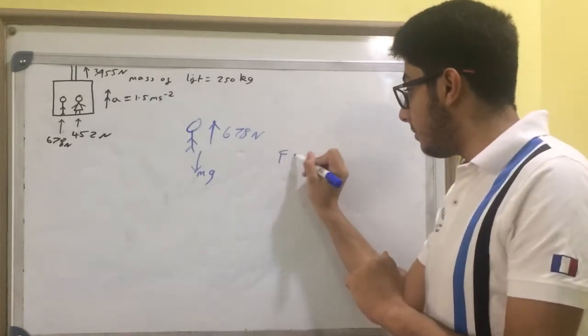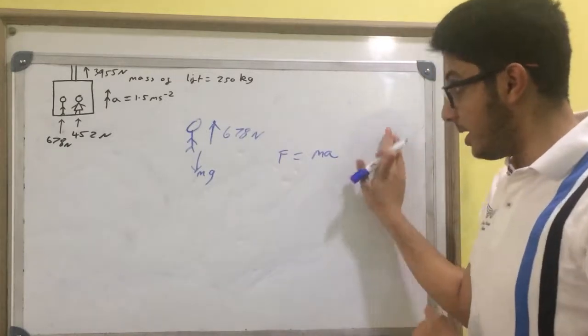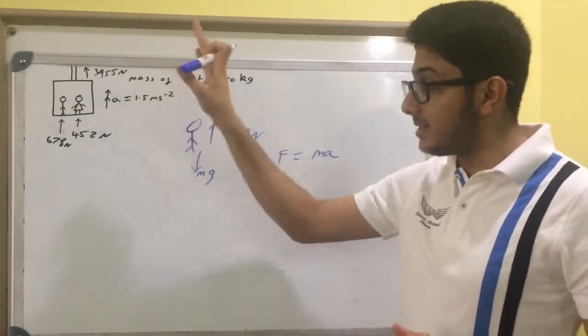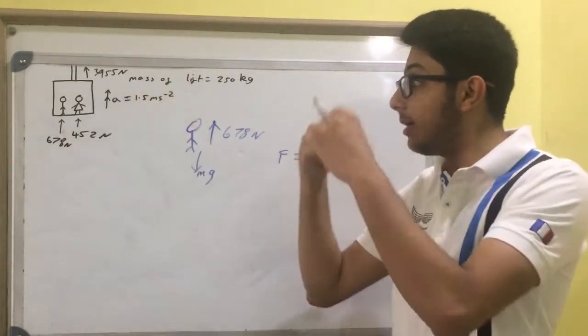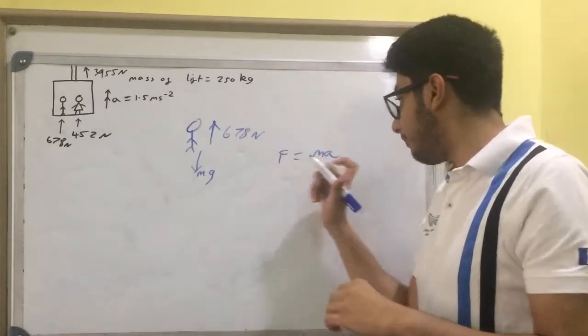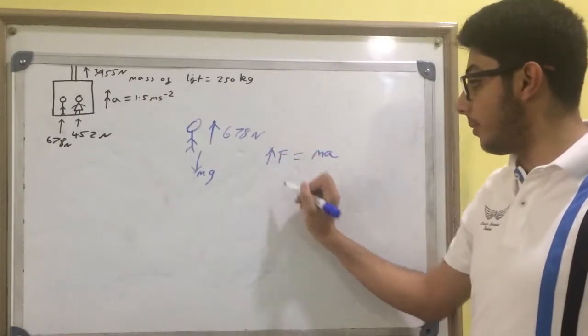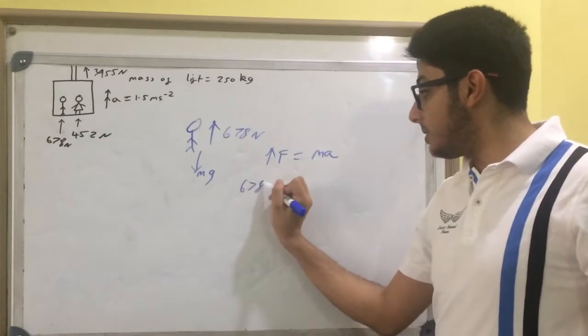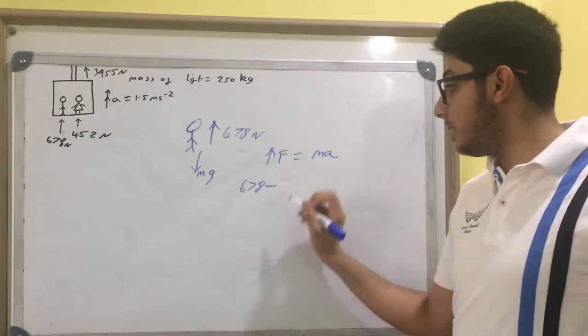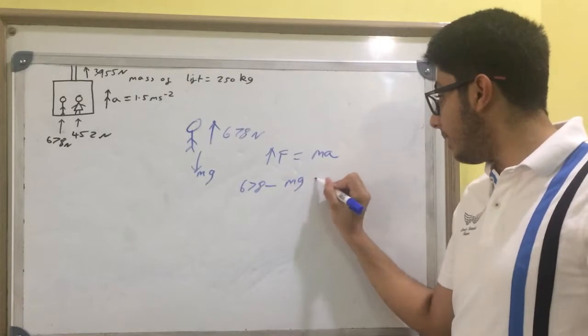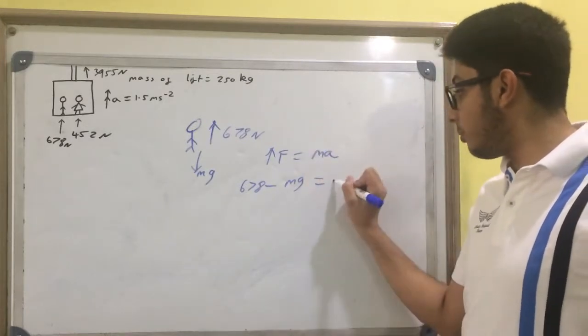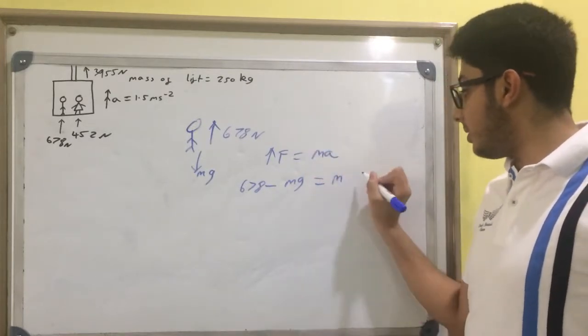So let's just use force is mass times acceleration. And the acceleration of the lift is the same as the acceleration of Albert and Bella because they are part of that moving body. So we'll take the forces going upwards, 678, take away mg is equal to the mass of Albert, we still don't know that, multiplied by the acceleration.